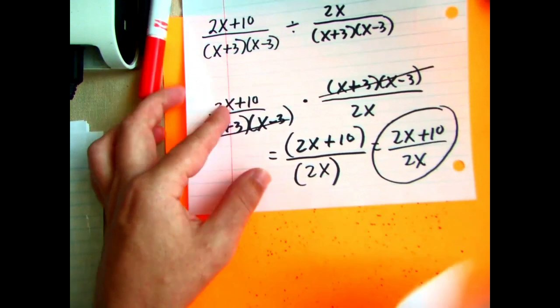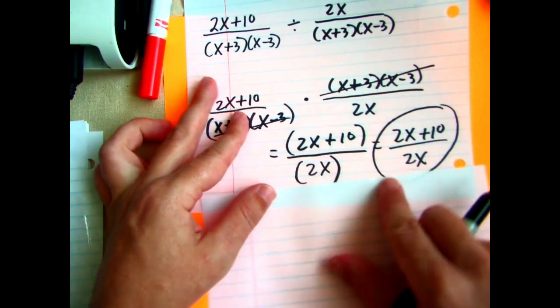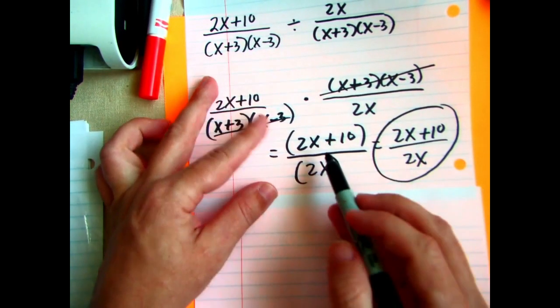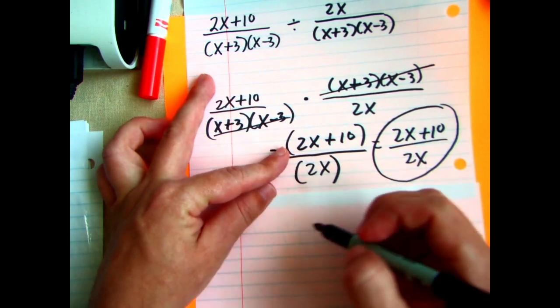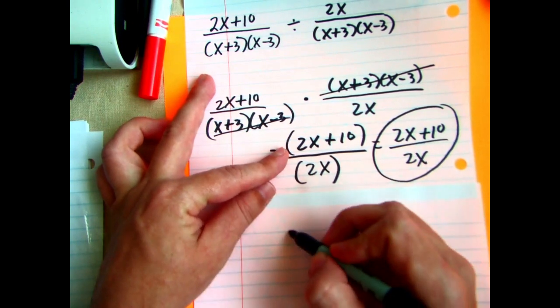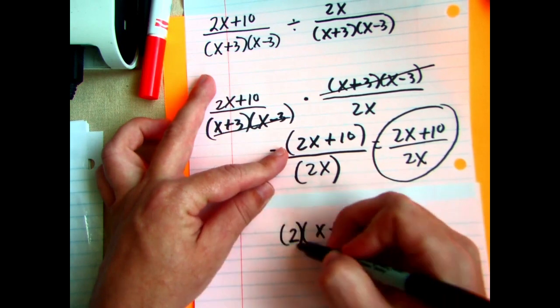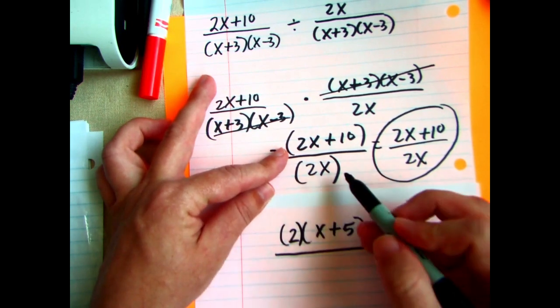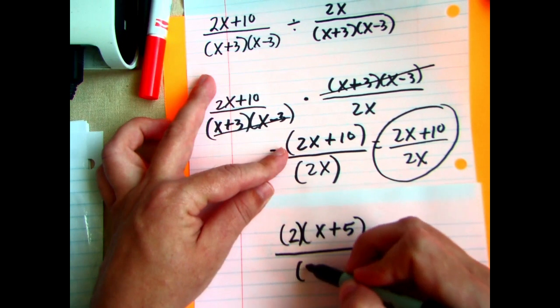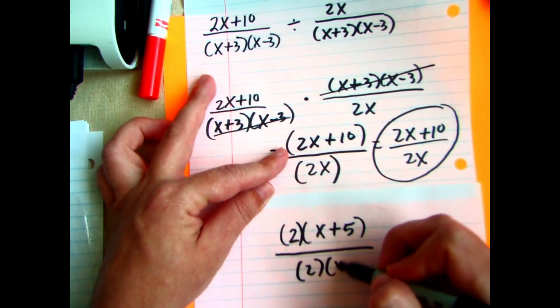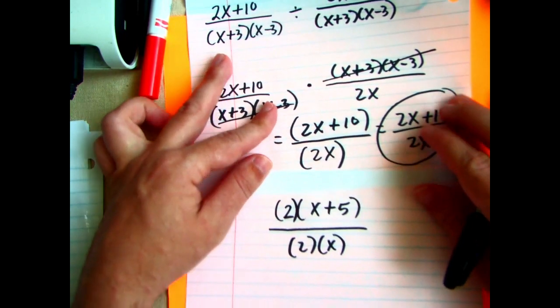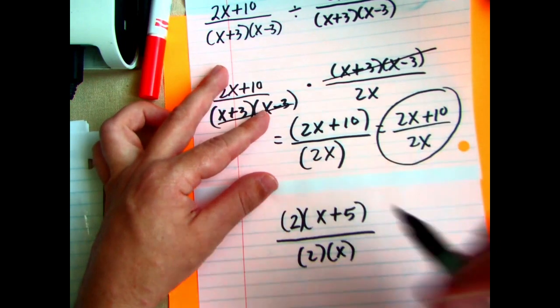But to go over that bubble idea one more time, we could actually factor that numerator. We could factor out a 2. So if we factor out a 2 into its own bubble, we're left with x plus 5. And if we factor out a 2 in the denominator, we have 2 and x.